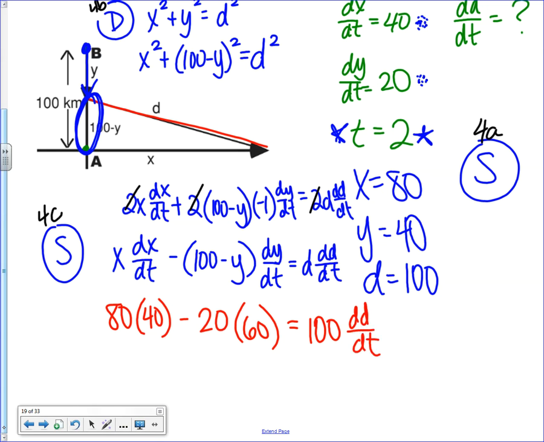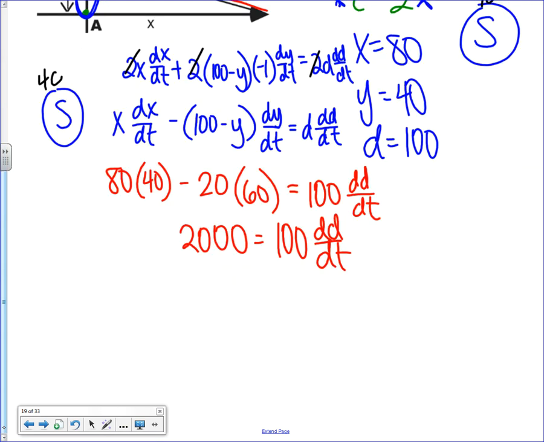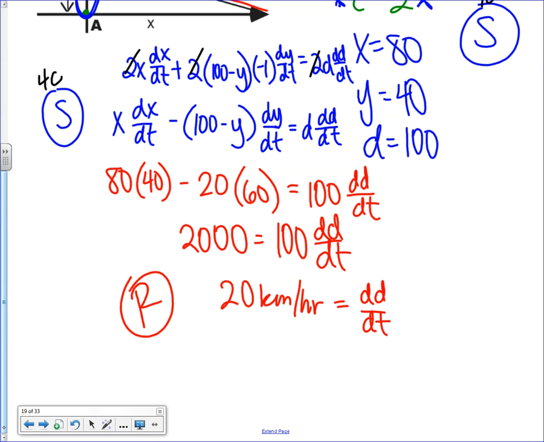If we combine all the stuff together, we should get 2,000 equals 100 dD/dt. If you solve for dD/dt, you should get 20, and this is 20 kilometers per hour. That is for dD/dt, which is letter R on the sheet.